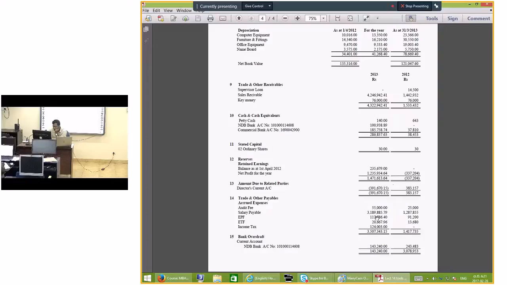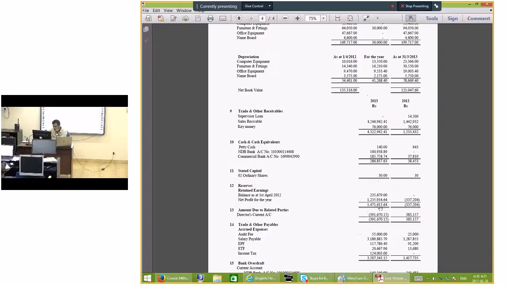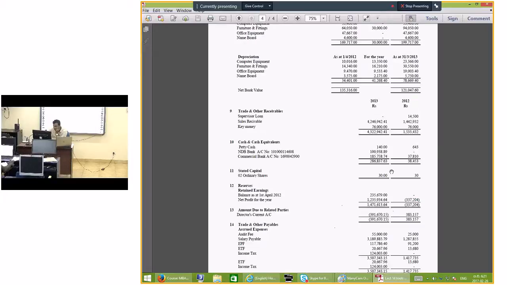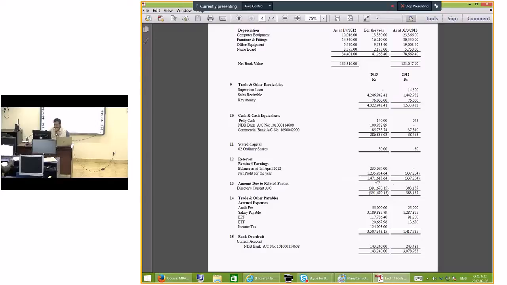Anything else? There is one problem. Look, under note number 14 there is a problem. Just find it. In note number 14 there is a problem.